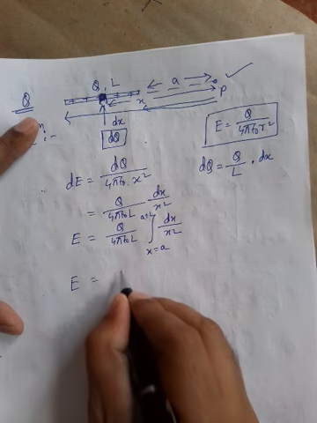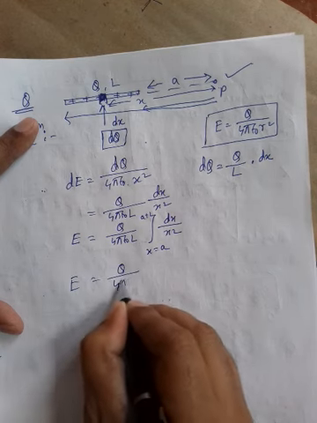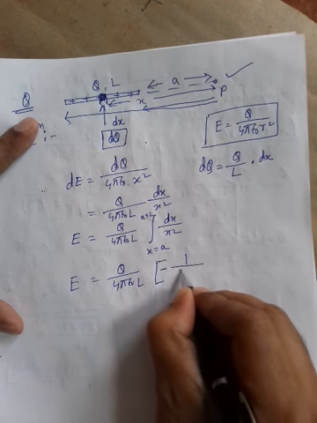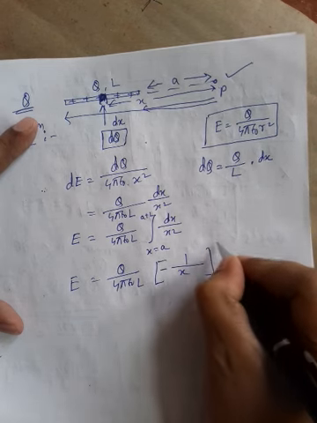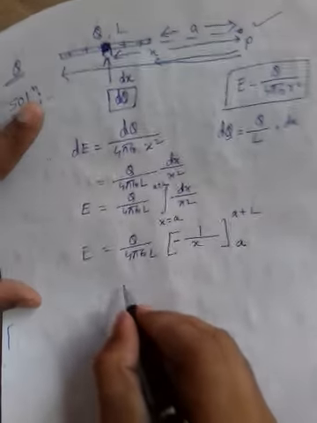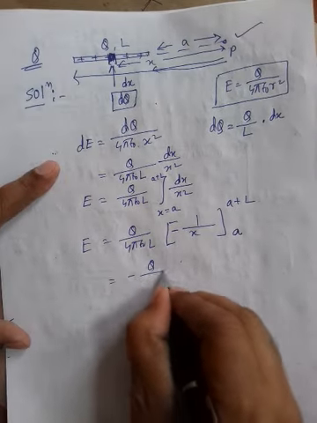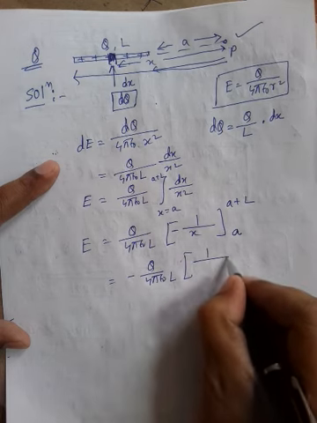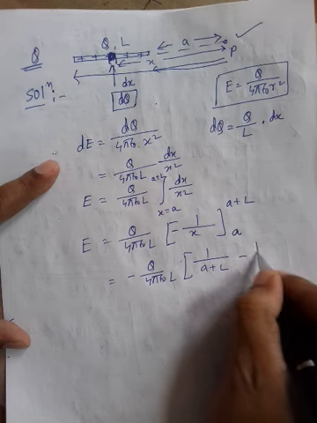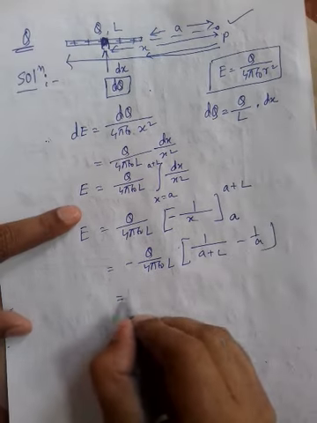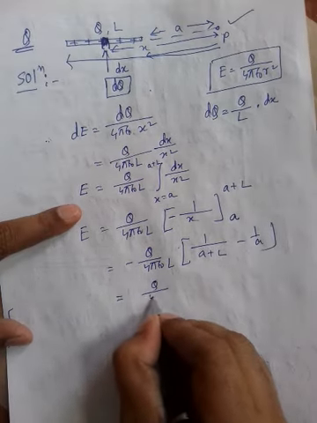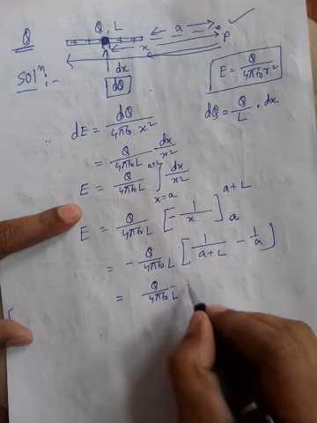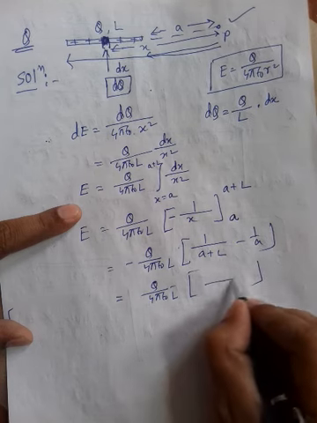So E after calculation is Q by 4 pi epsilon naught L, dx by x square on integration is minus of 1 by x, limit A to A plus L. Minus kept outside. Q by 4 pi epsilon naught L, 1 by x left. It is always final minus initial. So it is Q by 4 pi epsilon naught L, minus, I am putting in, then I am taking LCM.